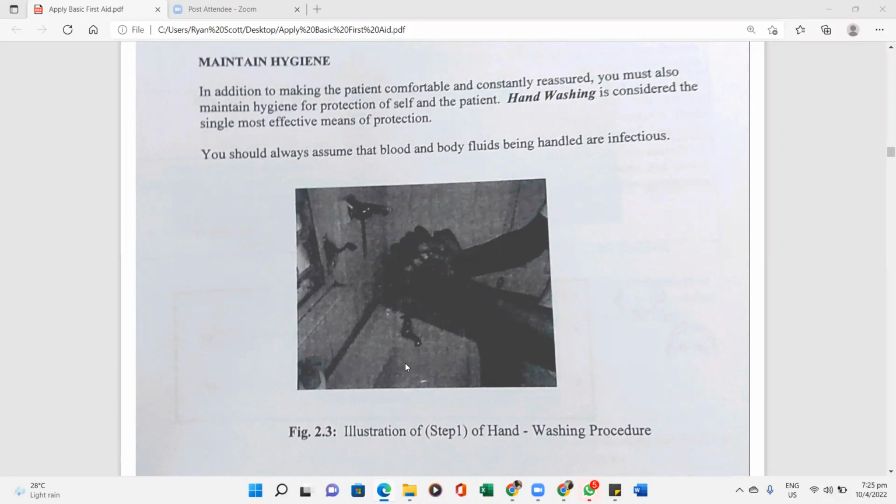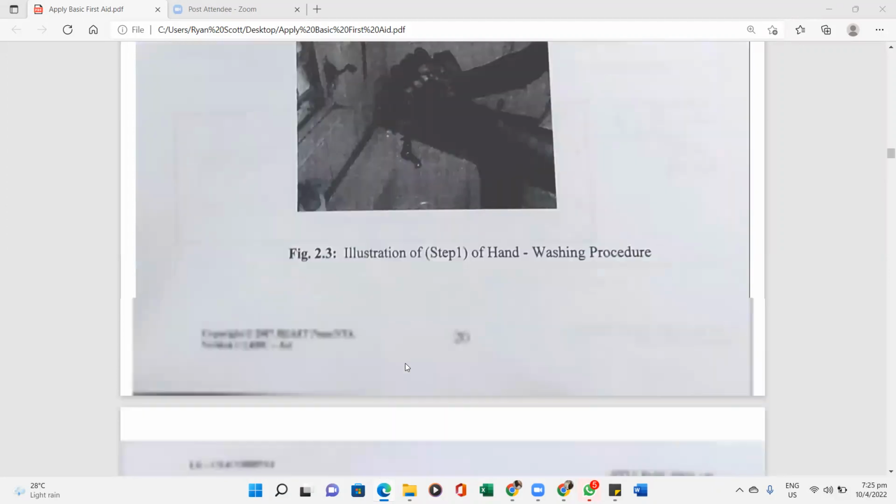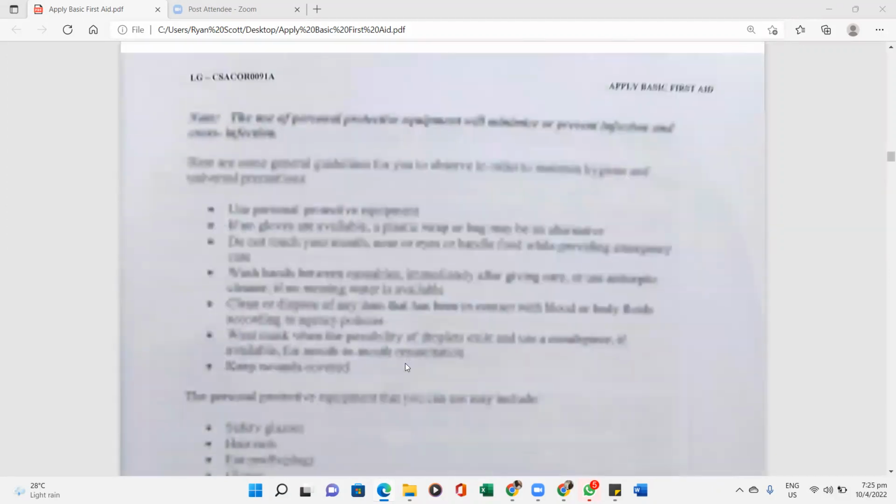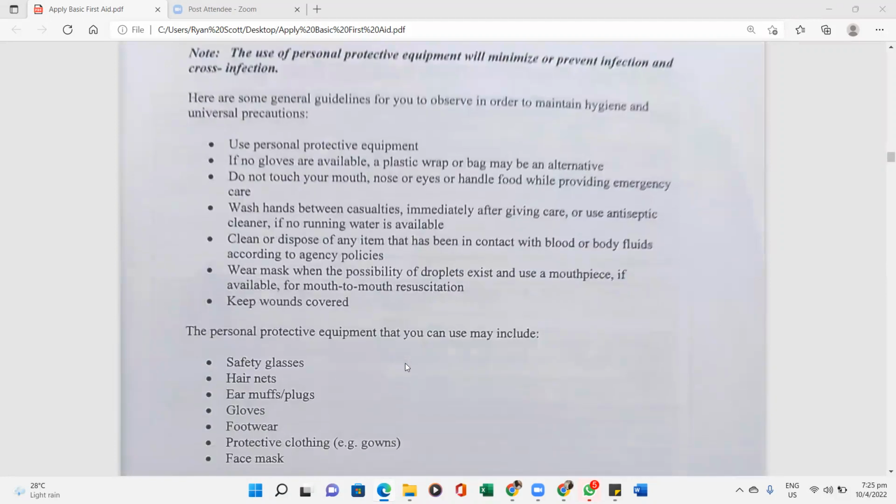All right, scroll down. All right, stop. The use of personal protective equipment will minimize or prevent infection and cross-infection. We spoke about cross-infection already. There are some general guidelines for you to observe in order to maintain hygiene and universal precaution.